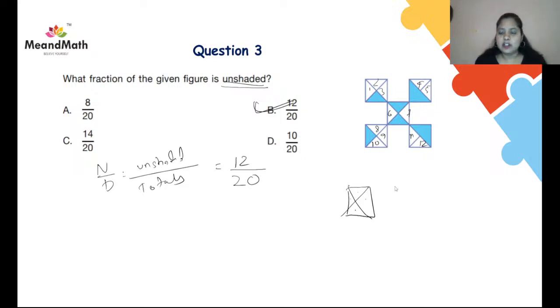Okay. So before moving on to the next question, this question seems simple and easy, but we should be very careful while adding. And also we can only include parts if they are equal. Alright, so moving on to the next question.